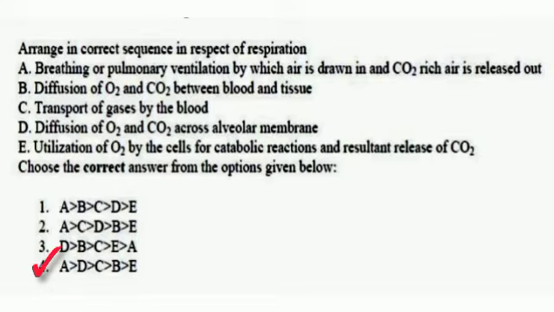Then comes diffusion of oxygen and carbon dioxide across the alveolar membrane. Then transport of gases by the blood. Then diffusion of oxygen and CO2 between blood and tissue. And at last, utilization of oxygen by the cells for the catabolic reaction and resultant release of CO2. So the right one is option 4.